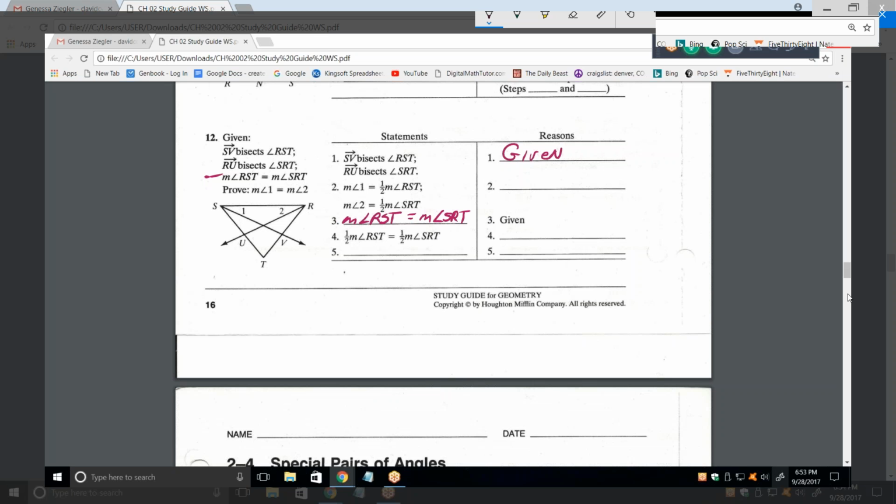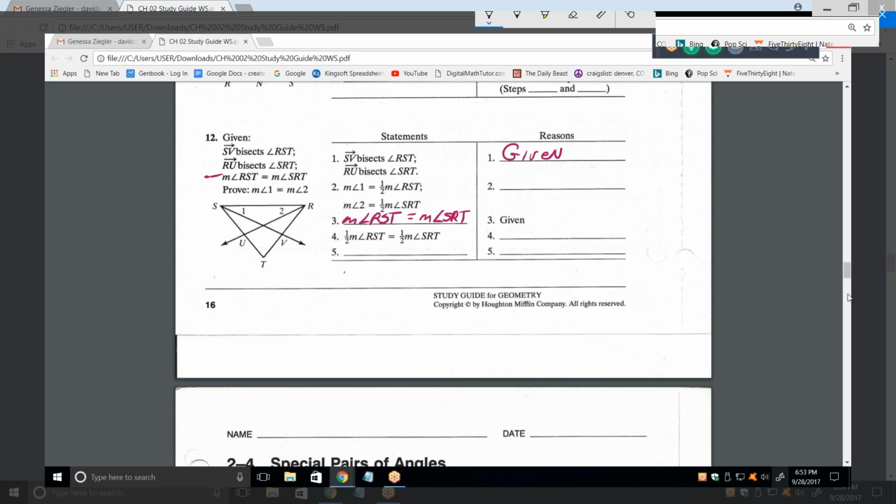In other words, statement 2 comes directly from these 2 givens. Based on what? What theorem is statement 2 based on? This says that SV bisects angle RST.